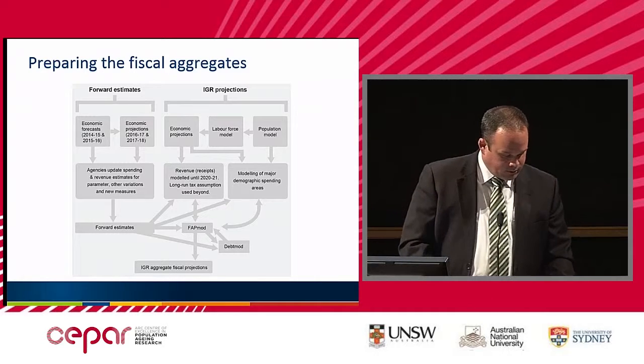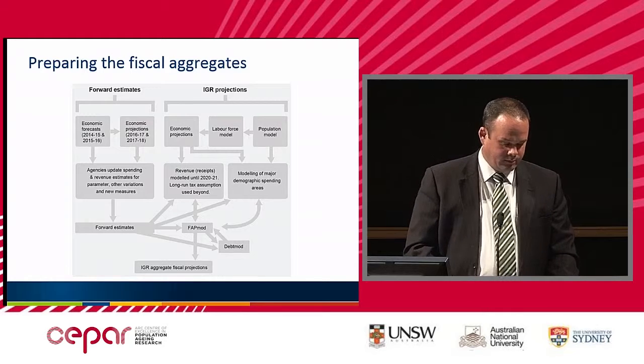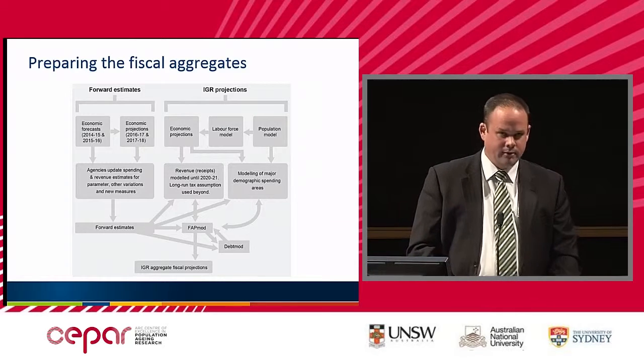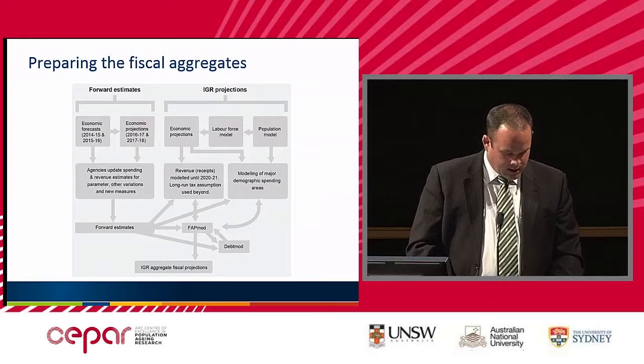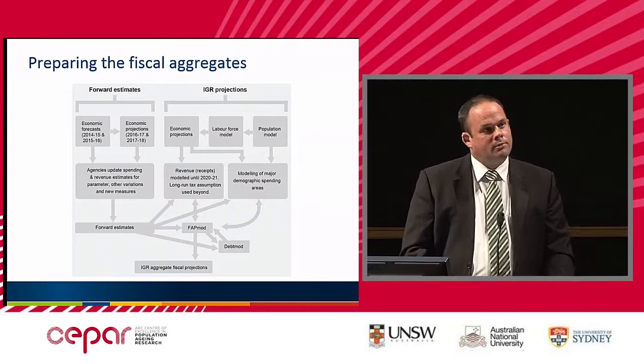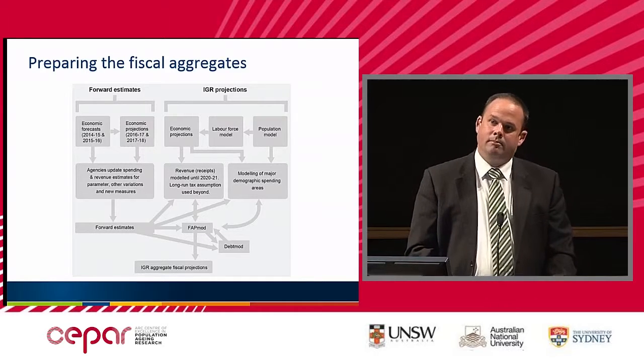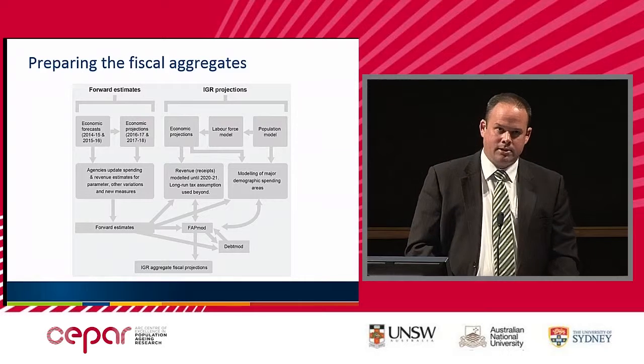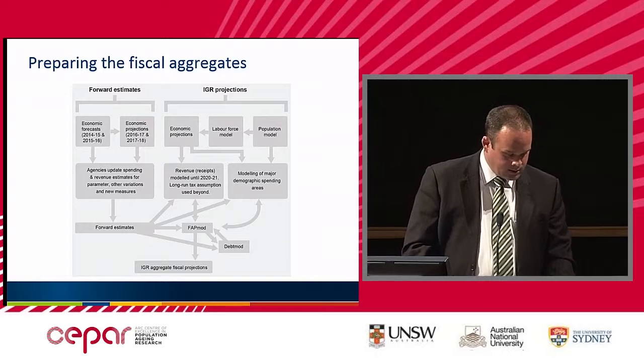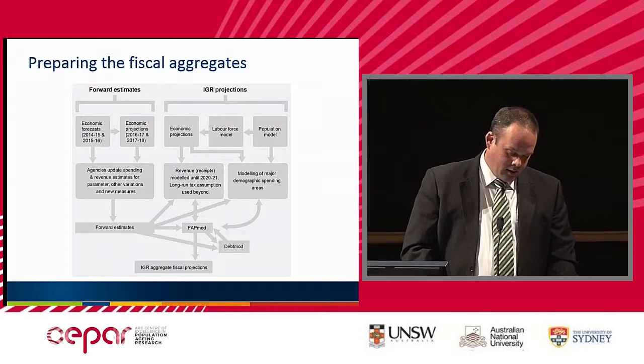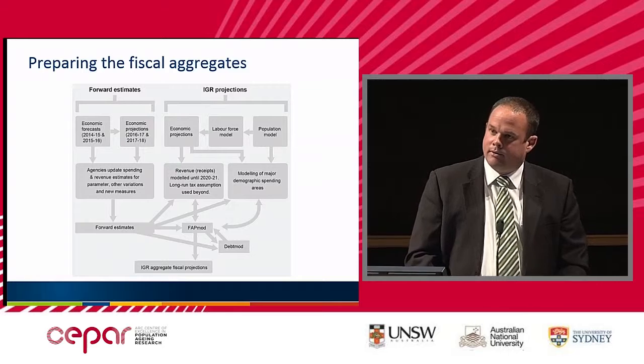The labour force models produce age and gender specific participation rates for different age cohorts. Our unemployment rate assumption is pretty much based in our medium-term economic modelling of taking it back to the NAIRU over a period of time of around 5%. And we have to make some assumptions and projections on hours worked.